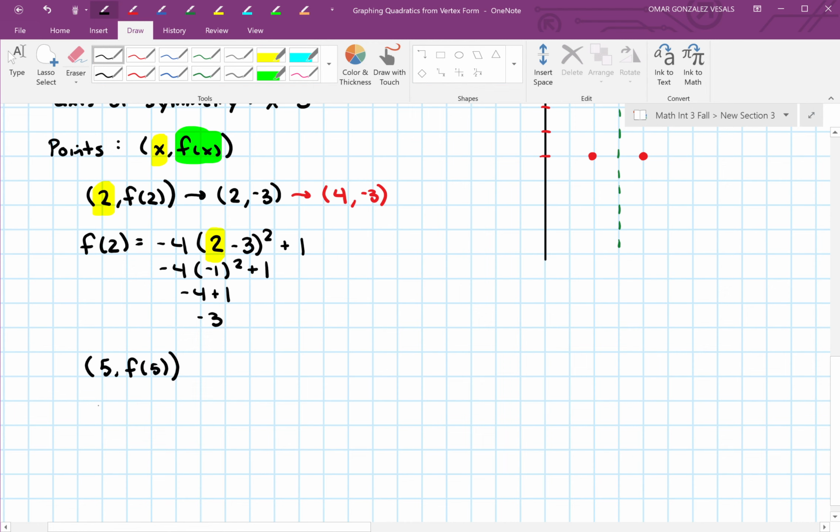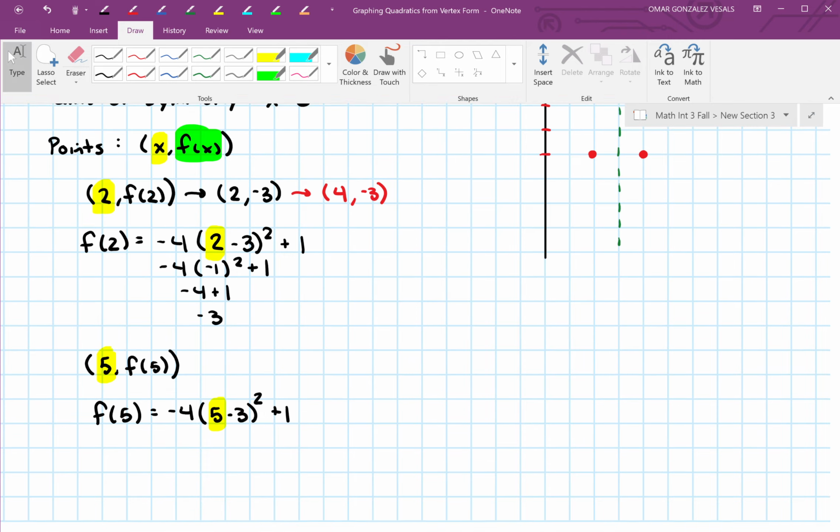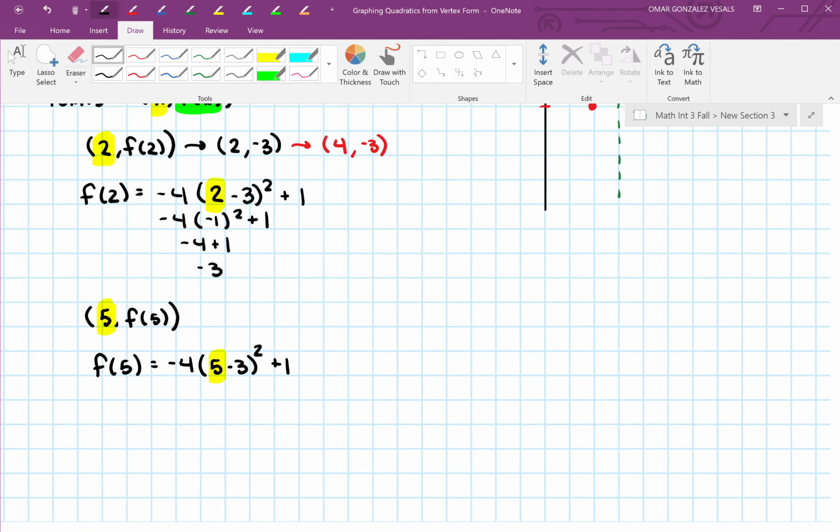So f of 5 is equal to -4 times (5 minus 3). Okay, that's what I'm plugging in. That's what you chose. Now you can choose any numbers you want, but the further away you get from your axis of symmetry, the larger your numbers are going to get. So the closer you are, the easier your calculations are. 5 minus 3 is what?